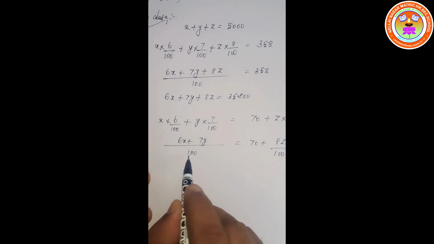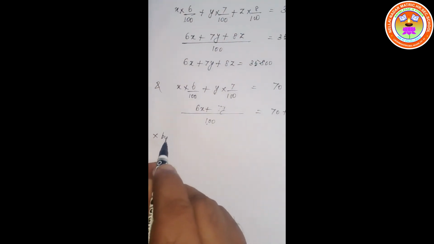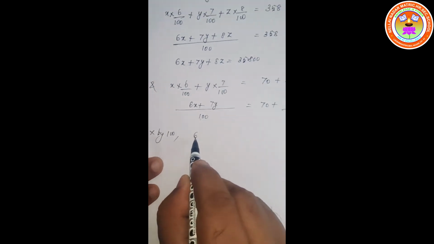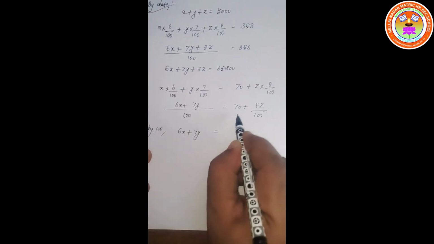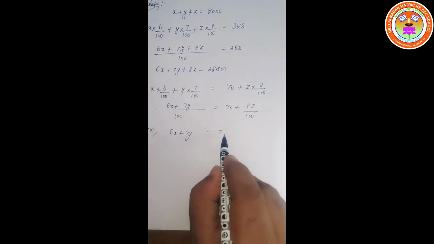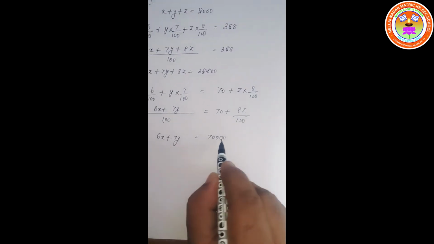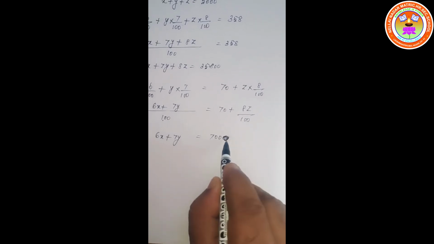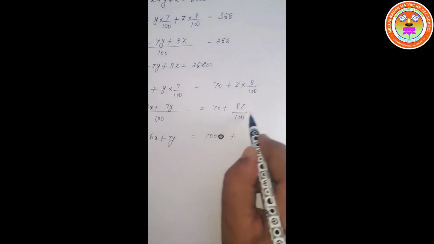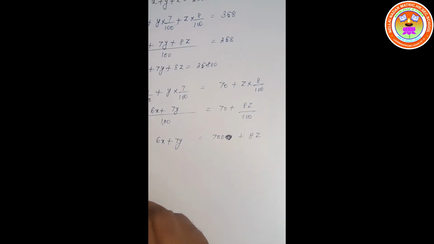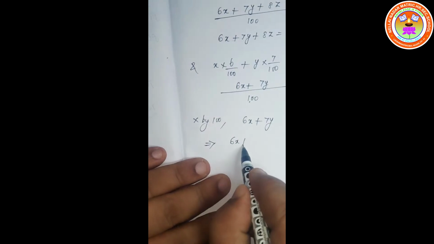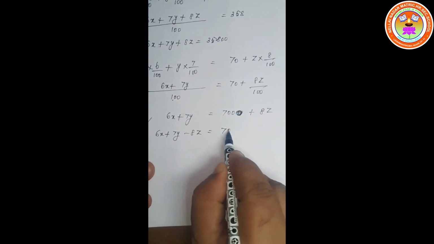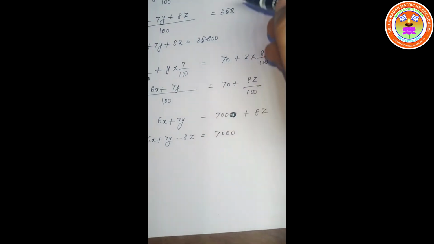For eliminating this 100, multiply by 100. If we multiply by 100, 100 gets cancelled, we will be getting 6x plus 7y. 70 into 100 is 7,000, plus 8z only, right? So 6x plus 7y, the left hand side minus 8z, is equal to 7,000. So we have 3 equations.